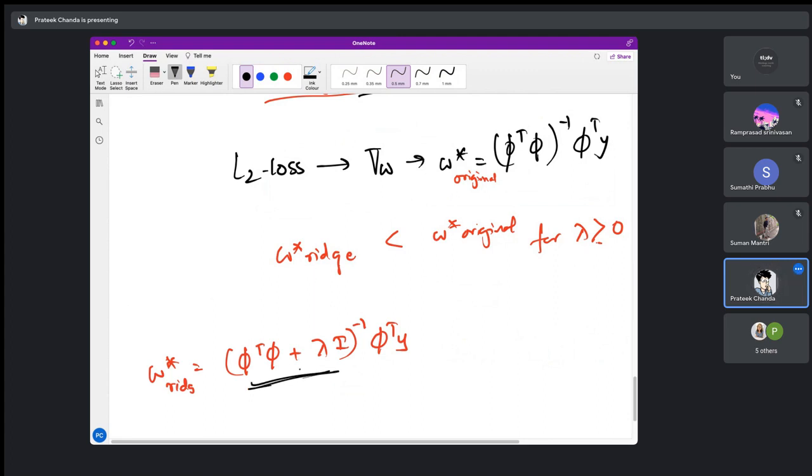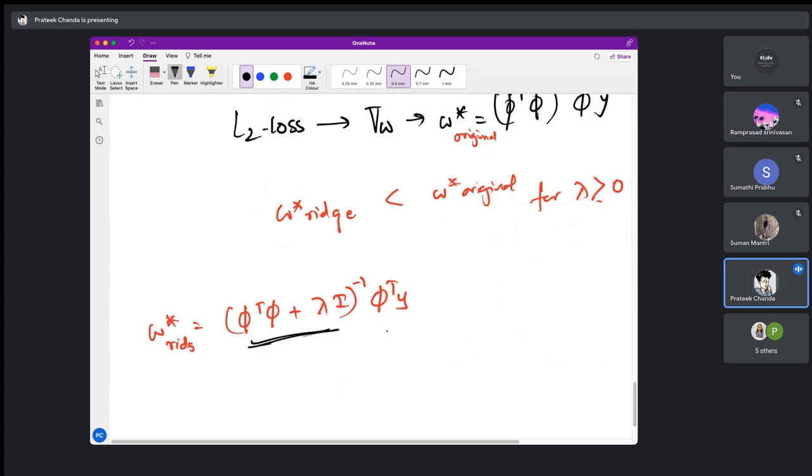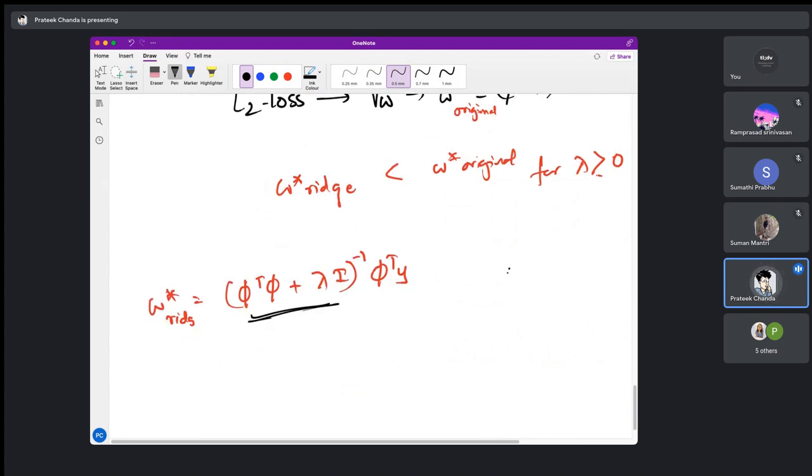For a matrix A, we know that for it to have an inverse, the determinant needs to be non-zero. So how do we prove that this inverse exists? Otherwise, if this inverse doesn't exist, then this thing as a whole is invalid.